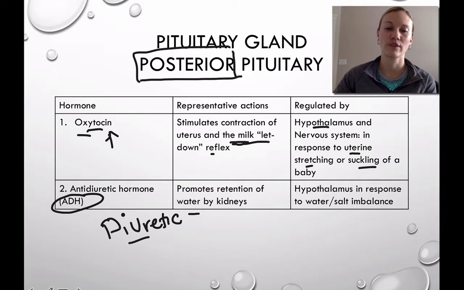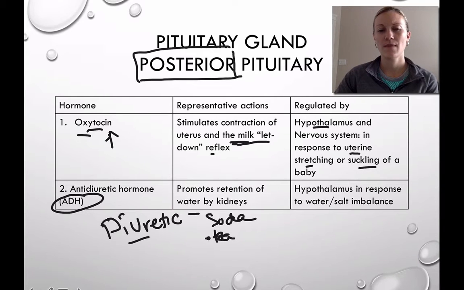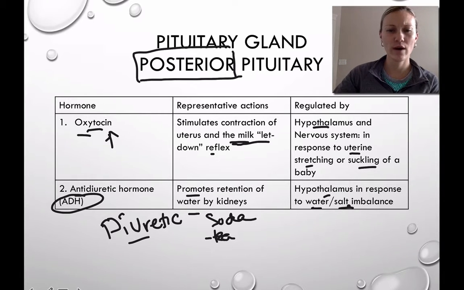Things that you drink that are diuretics are things like soda or tea or anything that can dehydrate you, basically. So a diuretic helps you urinate. An antidiuretic is going to do the opposite of that. It promotes water retention by the kidneys, and it's regulated by the hypothalamus, as well as water and salt imbalances.